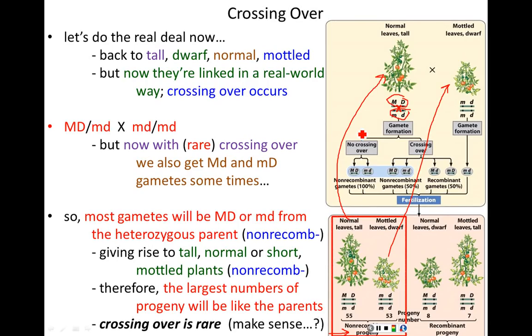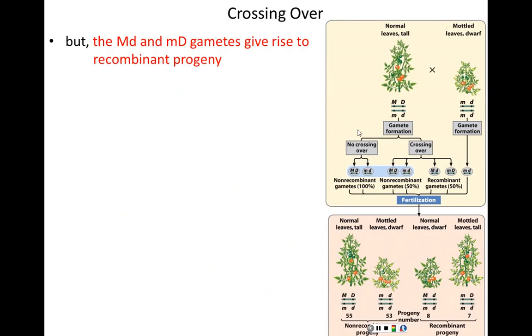Crossing over is rare. So the recombinant gametes are small in number. So the recombinant progeny are small in number. Makes sense. But they exist. So the recombinant chromosomes, where big M was with little d and little m was with big D, made it into gametes. And those gametes fertilized eggs, and those gave rise to recombinant progeny that do not look like the parent.